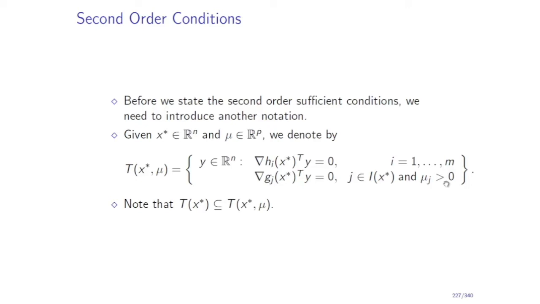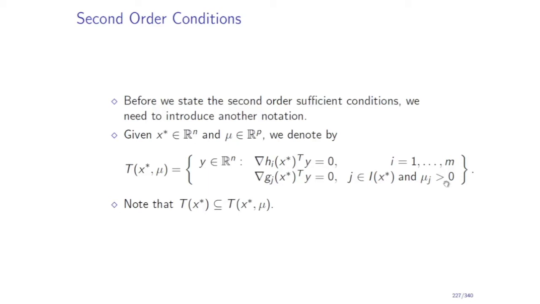It must be zero whenever the constraint is not active, right? If the constraint is not active, then Gj of x star is not equal to zero, and by complementary slackness, mu j must be equal to zero. Because mu j is equal to zero, we essentially eliminate the non-active constraints from the Lagrangian, and we focus only on the active constraints.